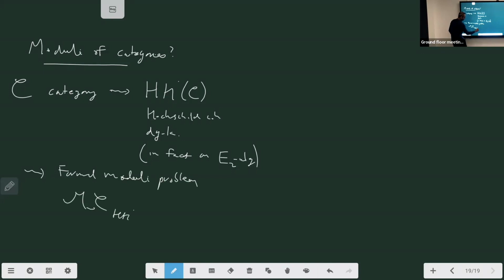And it turns out that the naive deformation functor you define for categories doesn't quite satisfy the axioms that I wrote down.